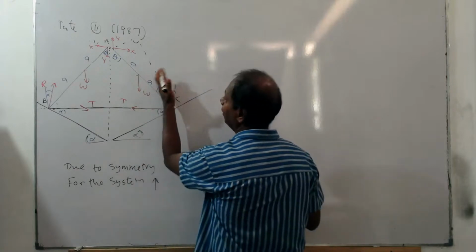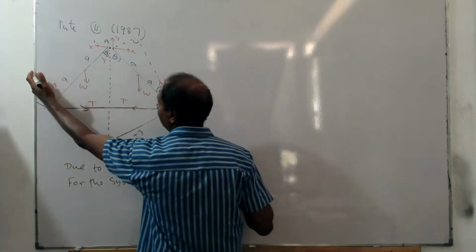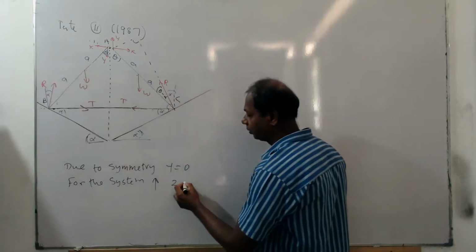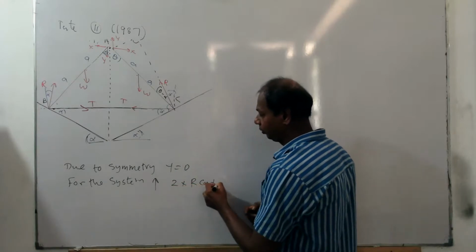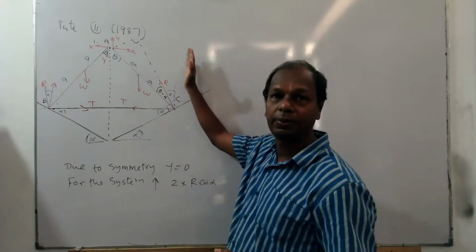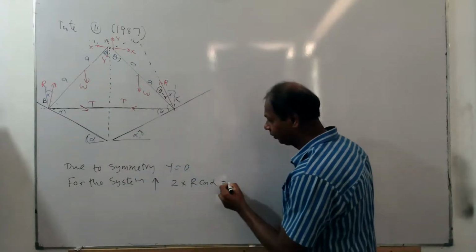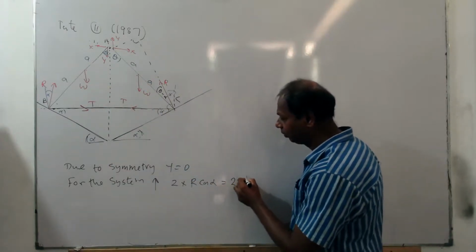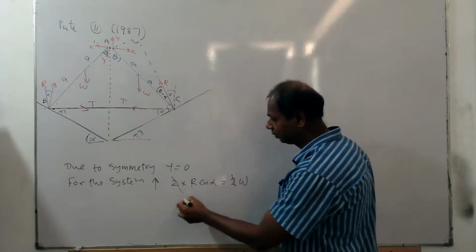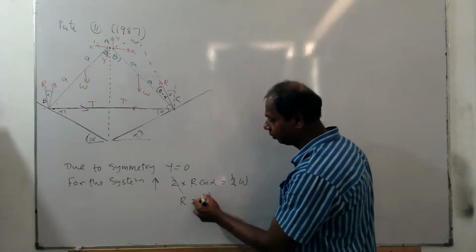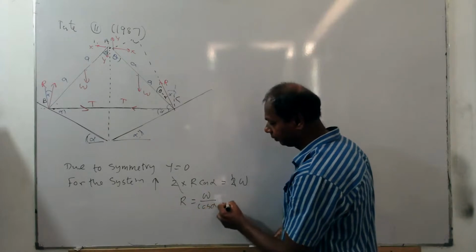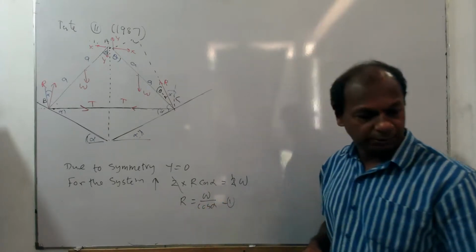Resolving vertically, upwards you have 2 times R cos alpha. Downward, you have W and W, 2W. That equals 2W. You get R equals W over cos alpha. You can find it very easily.